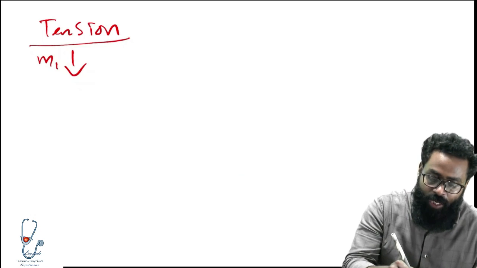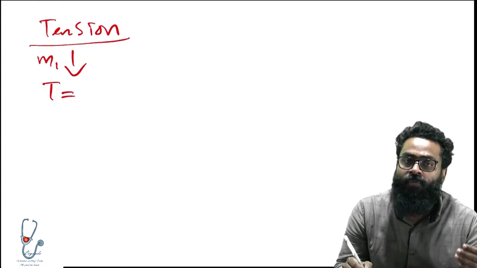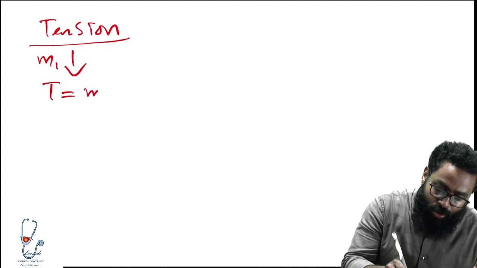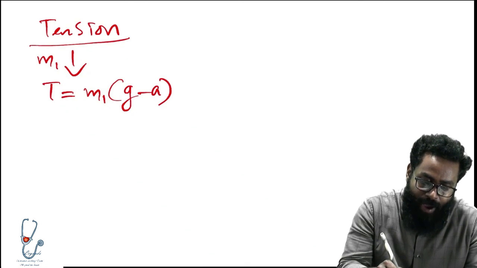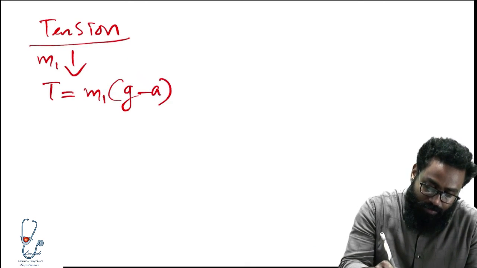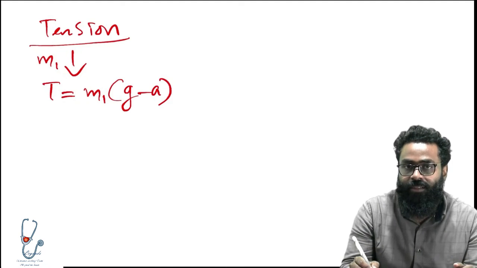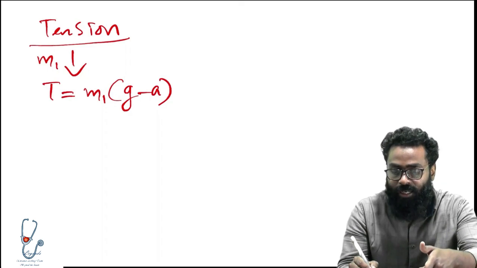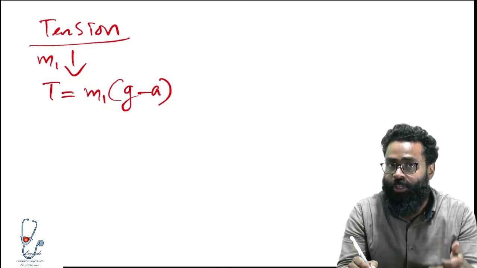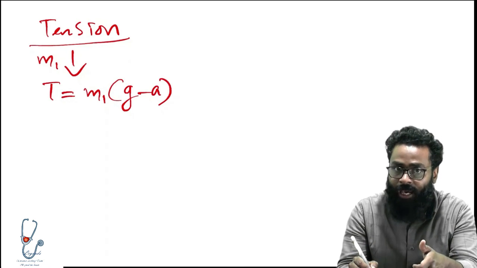Then T is equal to m1g minus a, since we already said F equals mg plus or minus a, and here it is minus a.